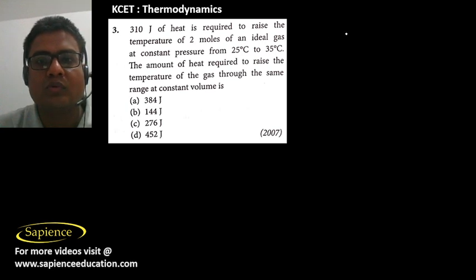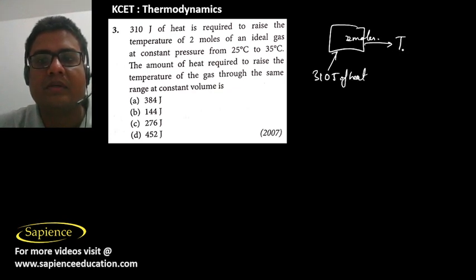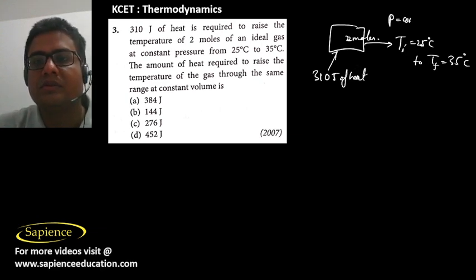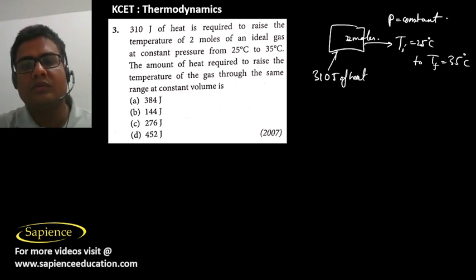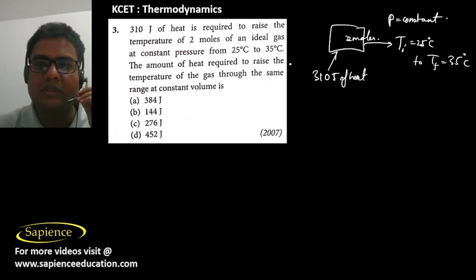So we have 2 moles of ideal gas. 310 joule of heat should be supplied to raise the temperature from T initial, 25 degrees Celsius, to T final, that is 35 degrees Celsius, at constant pressure. So the pressure is constant. The question asks: the amount of heat required to raise the temperature of the gas to the same range at constant volume.